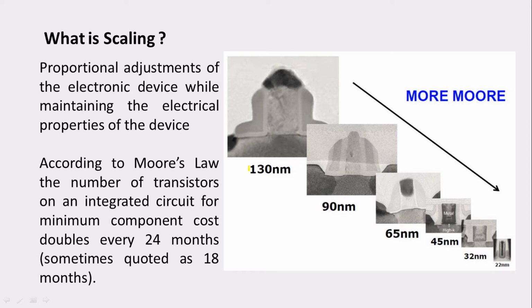As you can see in this image, this is 130 nanometer. Later on they scaled down the transistor to 90 nanometer, then to 65 nanometer, then 45 nanometer, 32 nanometer, 22 nanometer.